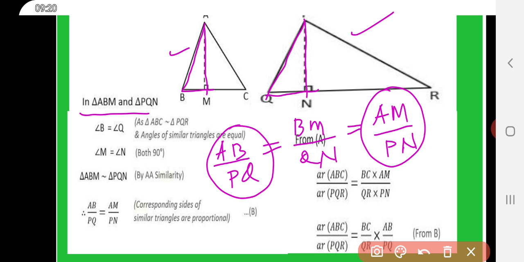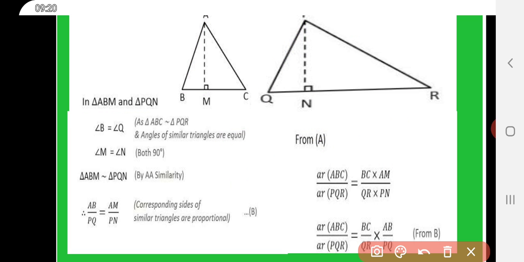So first we prove triangle ABM and PQN are similar.